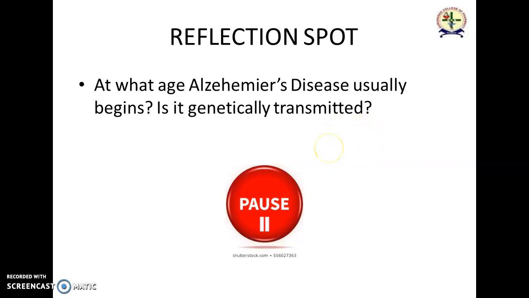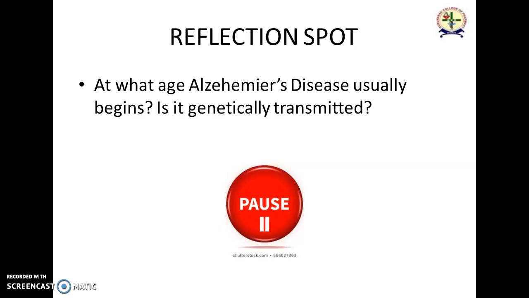Yes, students, we have learned that symptoms are seen mostly in old patients or people above 65 years of age, but early symptoms begin between the age of 30 and mid 60s. First symptoms vary from person to person.